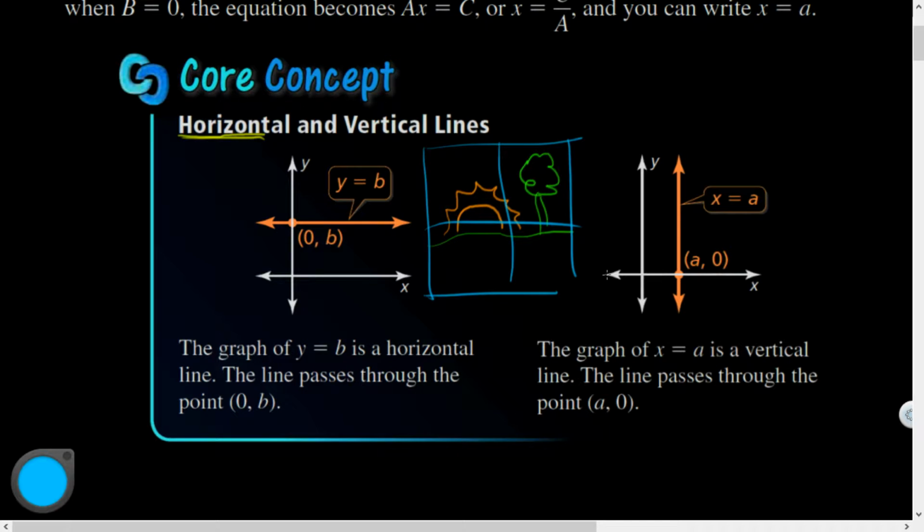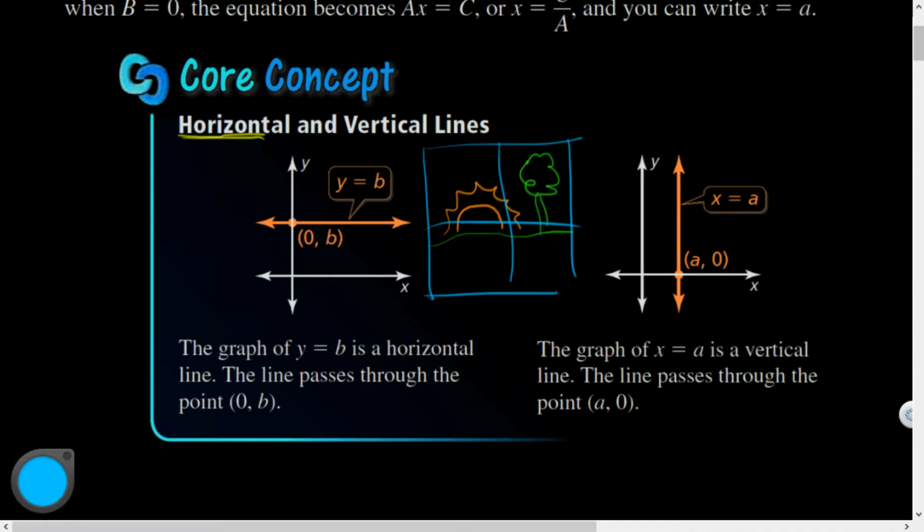And the x-axis is horizontal, but the equation of a vertical line has the x in it. The way I remember it is that it's the opposite of what I might first have suspected. I would have thought horizontal lines would be x equals a number, but that ain't how it go.